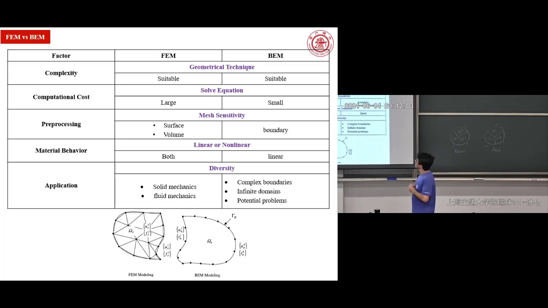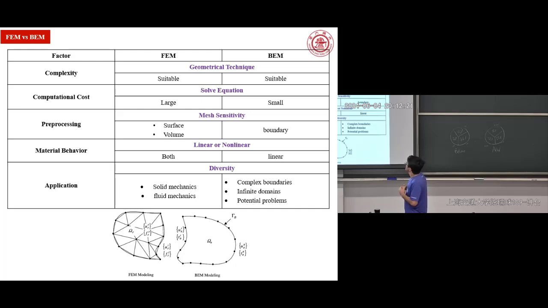In this table, I try to compare FGM and BM methods in some factors such as complexity, computational cost, pre-processing, material behavior and application.